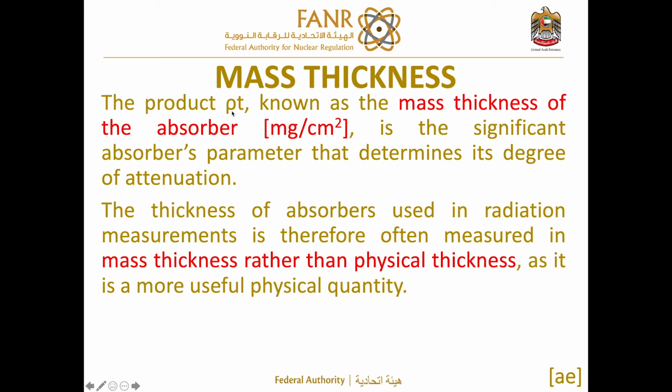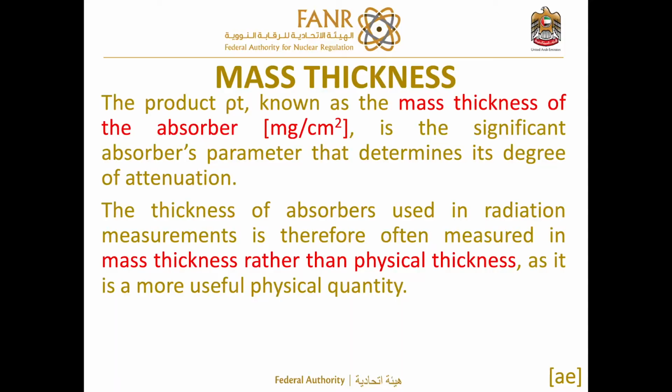It means basically that the thickness of the absorber, you remember in the attenuation equation, was e to the minus mu times T, the thickness. So if we divide mu by rho, by the density of the material, well, we have to multiply T by rho again. This is called mass thickness.